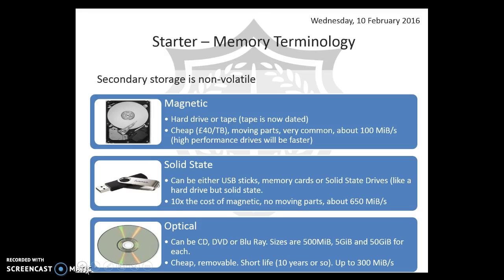You can only write to every bit on a solid state drive, I think it's about 10,000 times you can change the value before it starts to fail. There's some clever software which shifts things around, which means that doesn't affect you for longer, but hard disks tend to last for much longer. But solid state drives are much, much, much quicker.